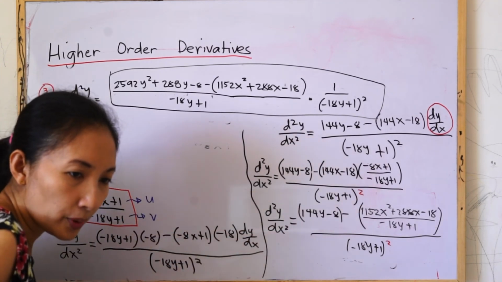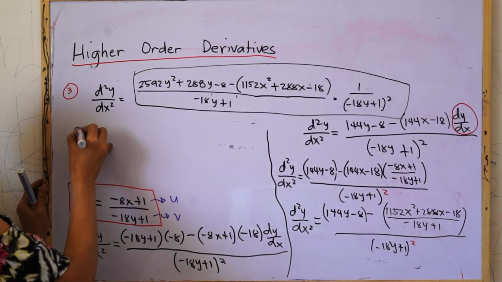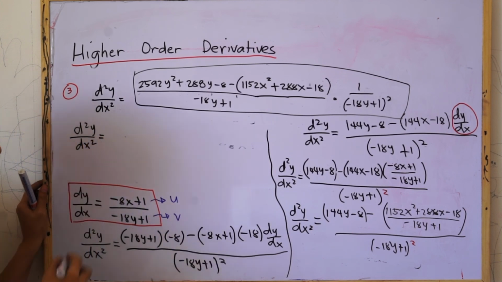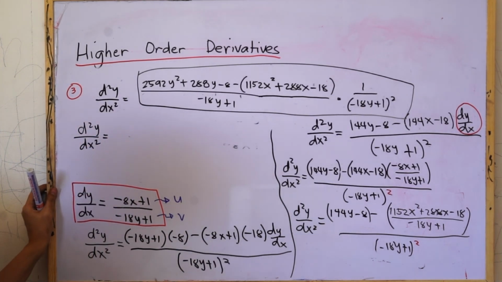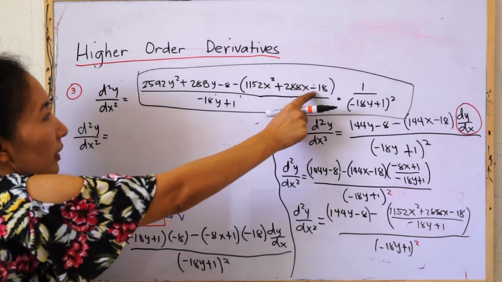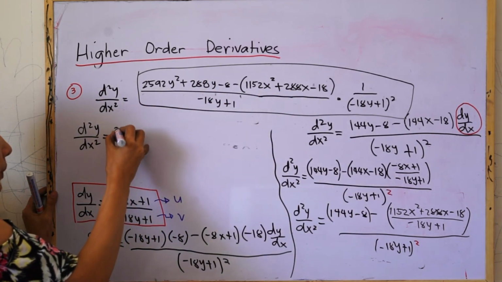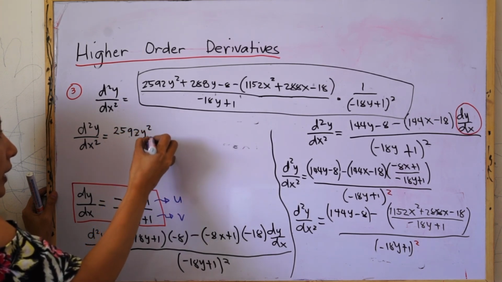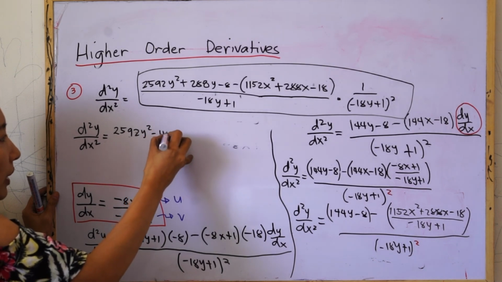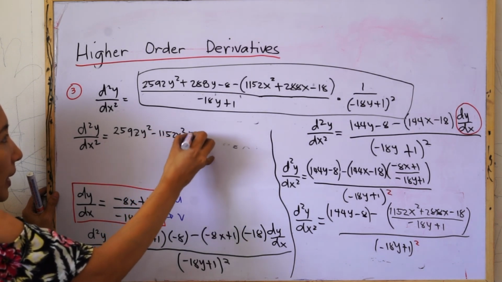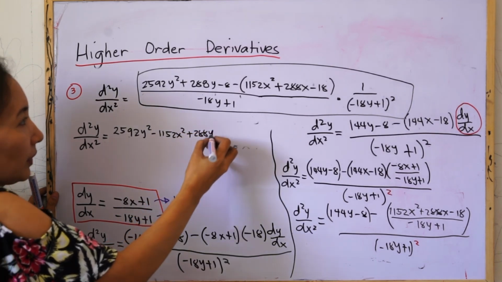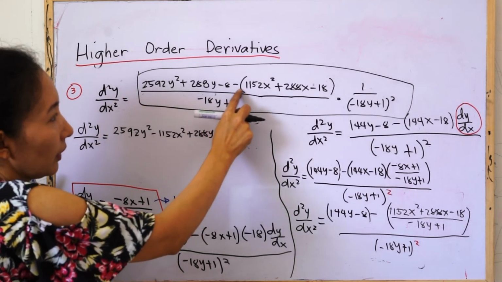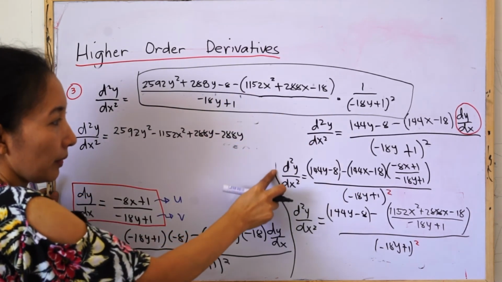Now let's continue further. Then d squared y over dx squared will now be the other terms that can be combined, and the rest we simply copy: 2592y squared minus 1152x squared plus 288y minus 288x plus 10.